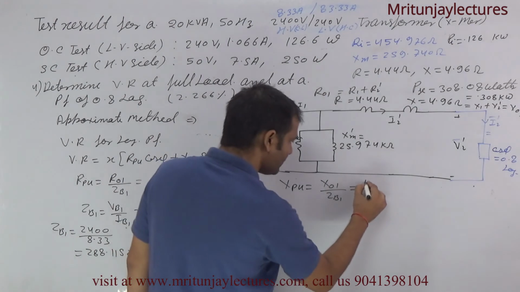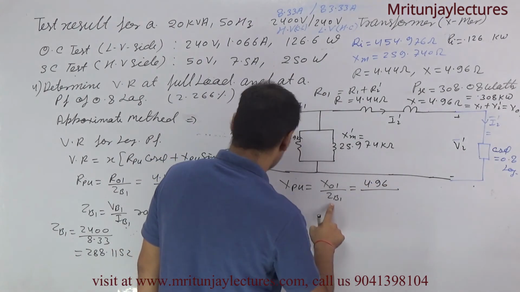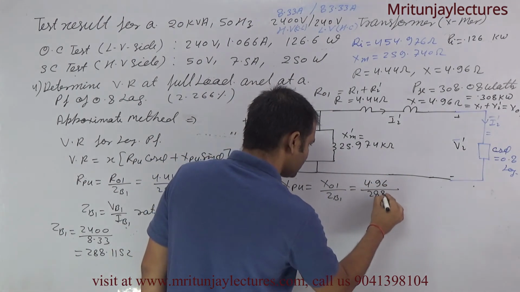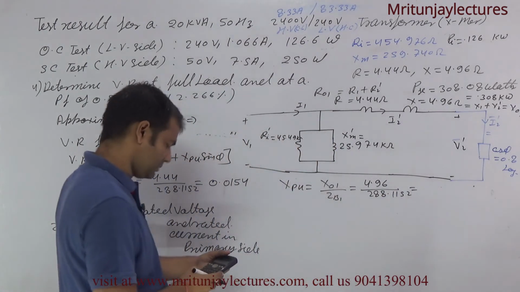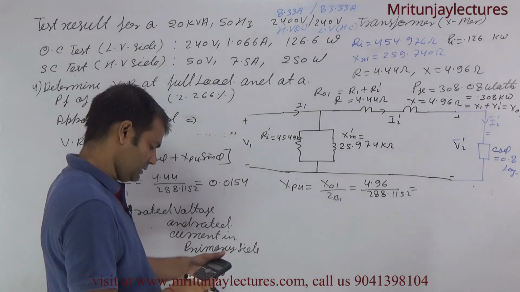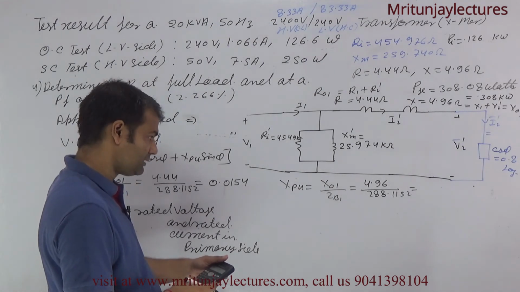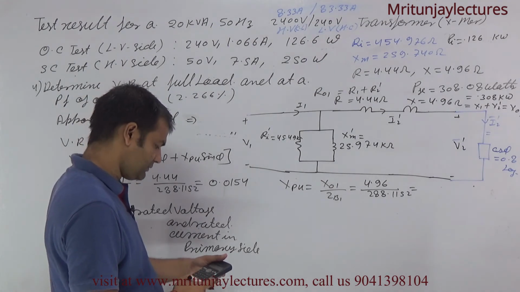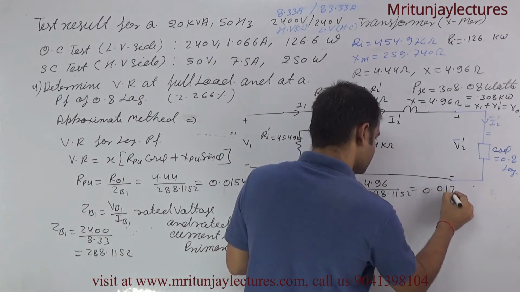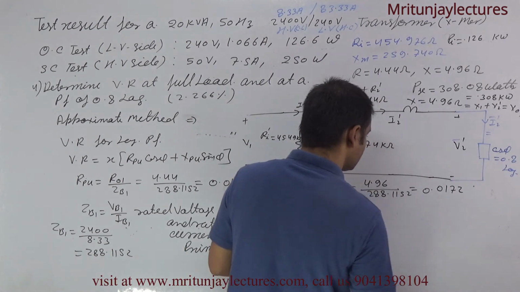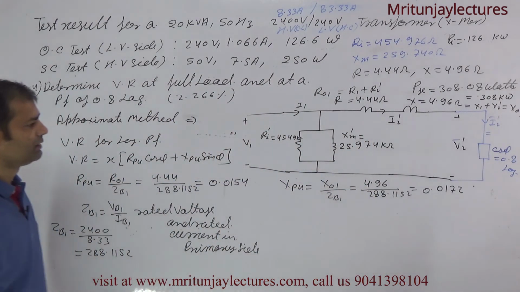X01 is 4.96, divided by 288.1152, that is 0.0172. Okay, it is clear.